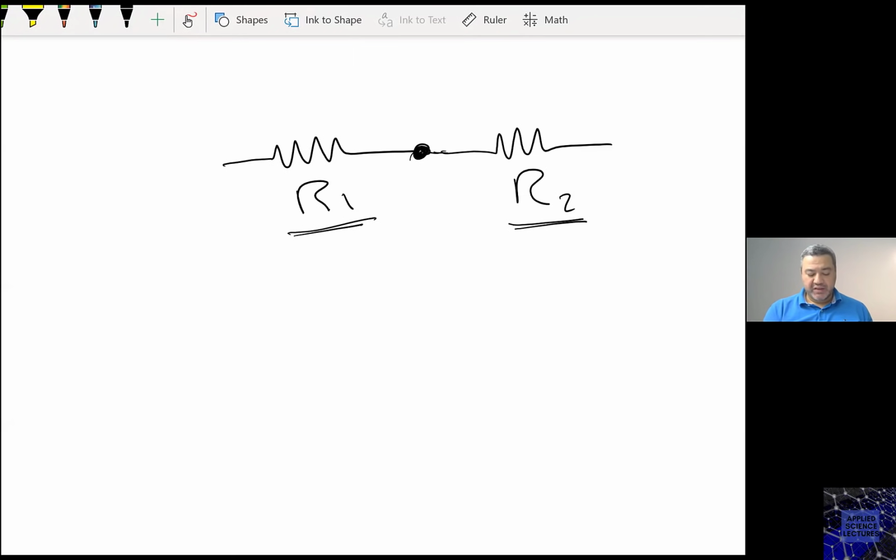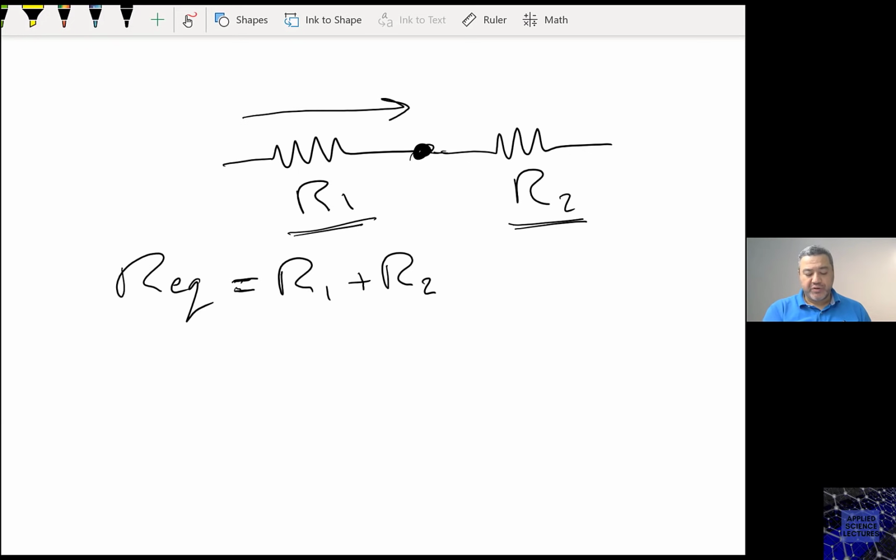So in this case, if I want to find the equivalent resistance for those two resistors that are connected in series, then the equivalent resistance, R equivalent, would be as simple as adding those two resistors. So R1 plus R2. This basically will ensure that my current going in R1 will be the same going in R2.